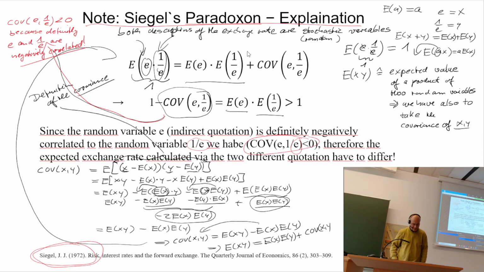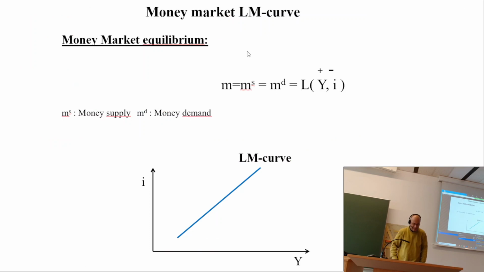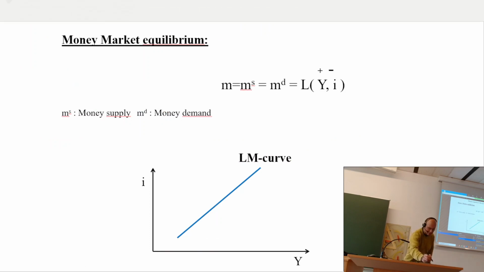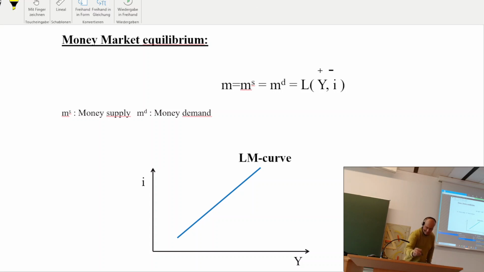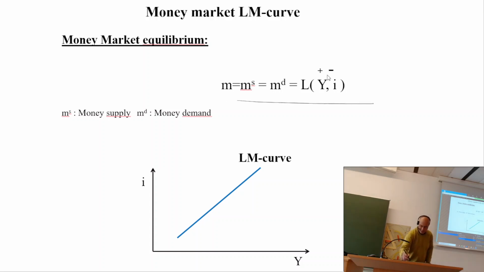And then of course we have our LM curve. There nothing is changing. Still we have the positive dependence on home income, and we have the negative dependence of, for example, the opportunity costs of an investment on interest rates.